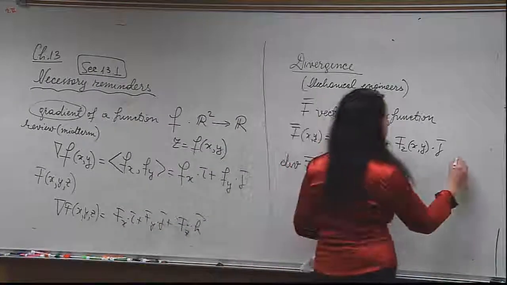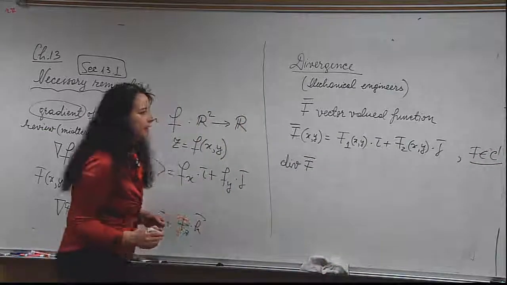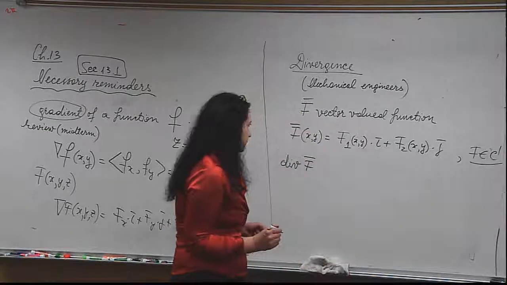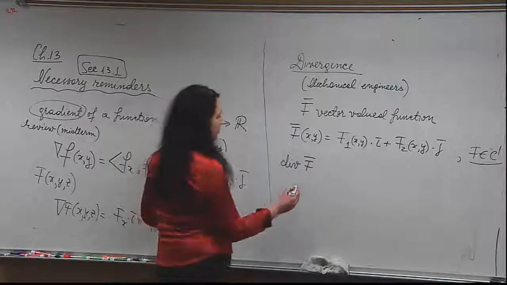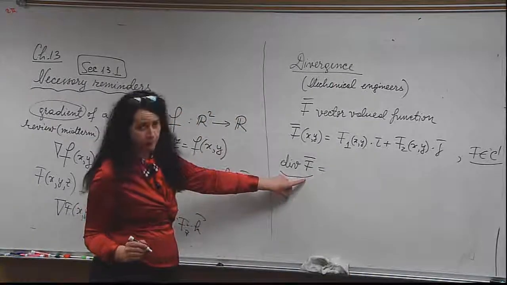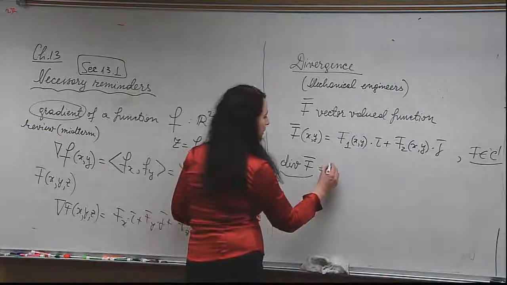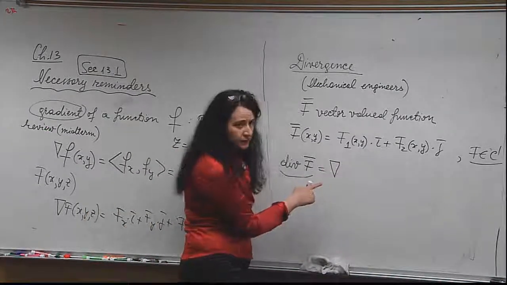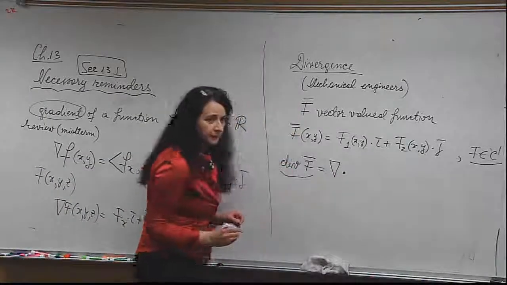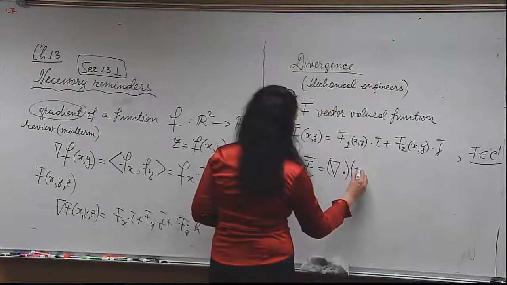assuming that f would be C1, let's say, a C1 function. What does this mean? It means that it's differentiable and its derivatives are continuous. We denote it as the div of f, but in engineering they denote it most of the time like that: this nabla symbol that you saw at the gradient with a little dot after that, applied to f.